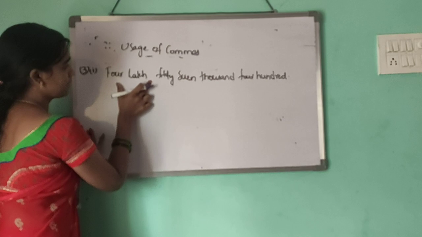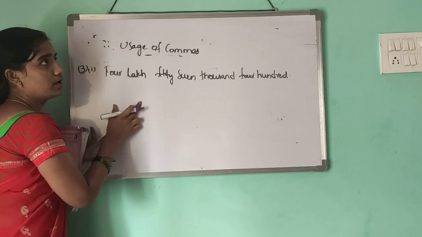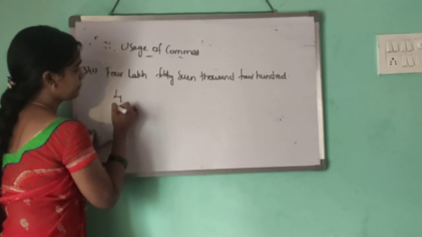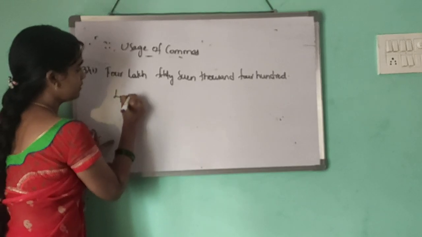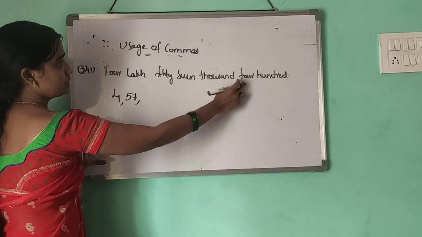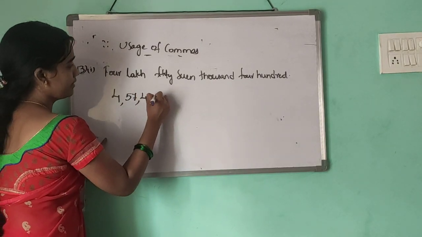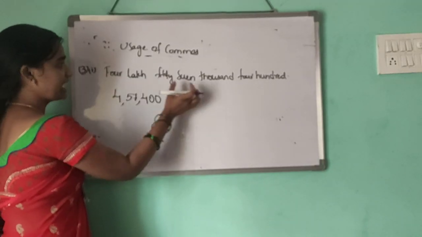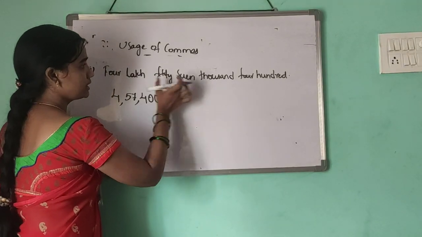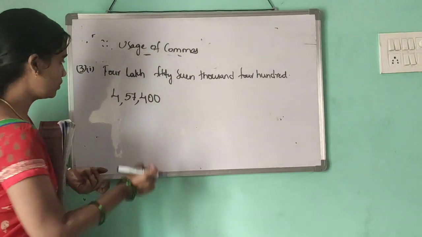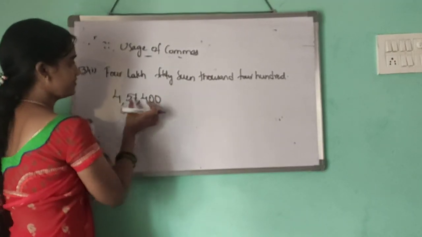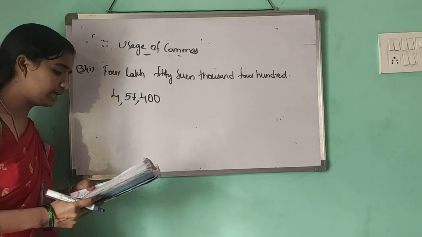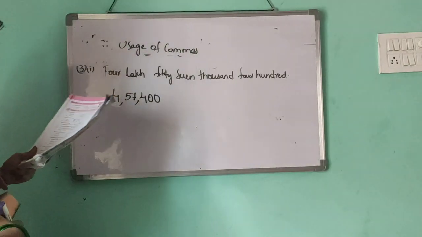That means 4 lakhs is in the fifth position, right? 4 lakhs, the comma, 57,000. 57,400. See here, lakh, thousand, hundred is there. So 4 lakh first, 57,000 next, then 400. So in this way we write the numbers in figures.